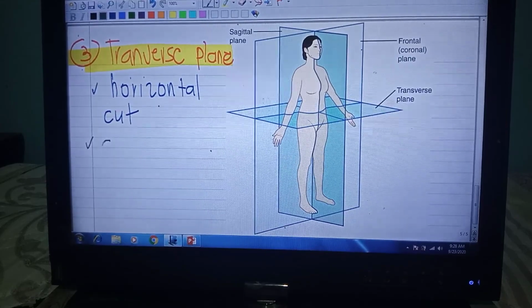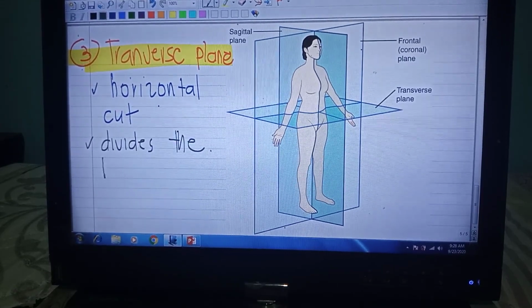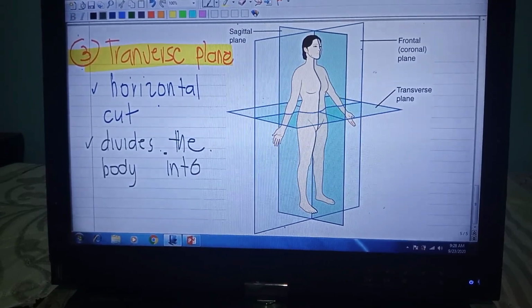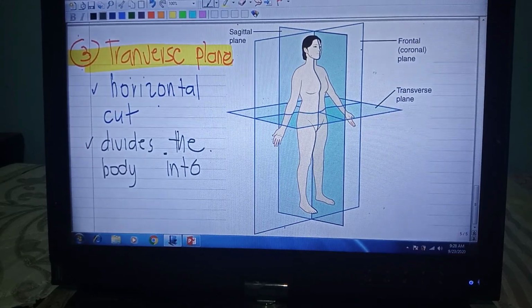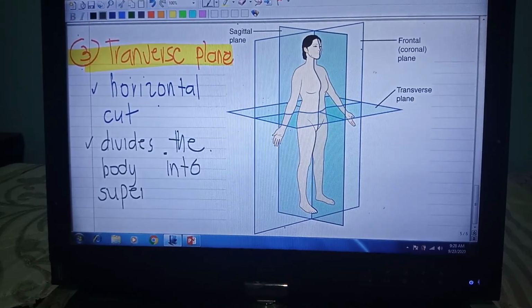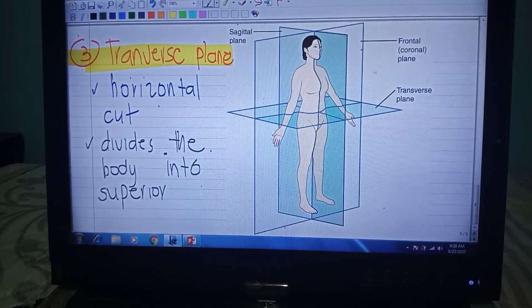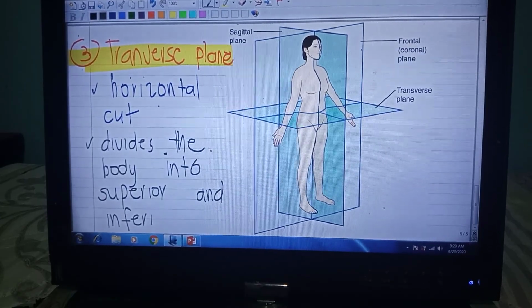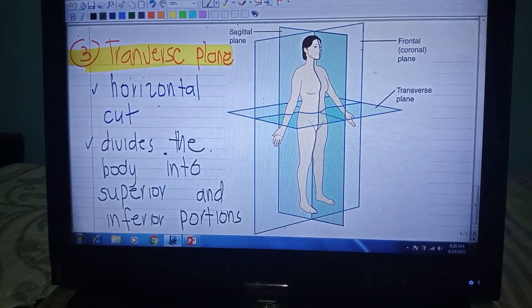So, paano naman ang division niyan? Sagittal divides the body into left and right. Frontal divides into anterior, posterior. Pag hinati mo naman ang katawan into superior, taas, above, and inferior portions, that's your transverse.